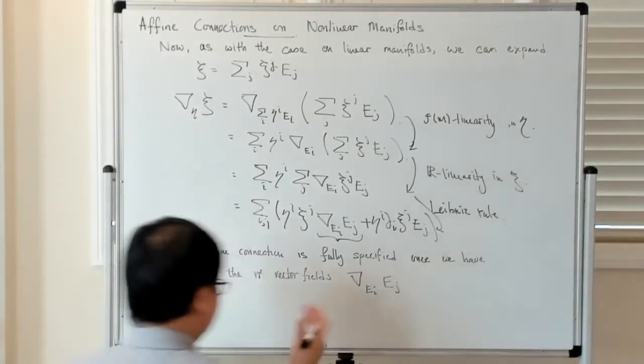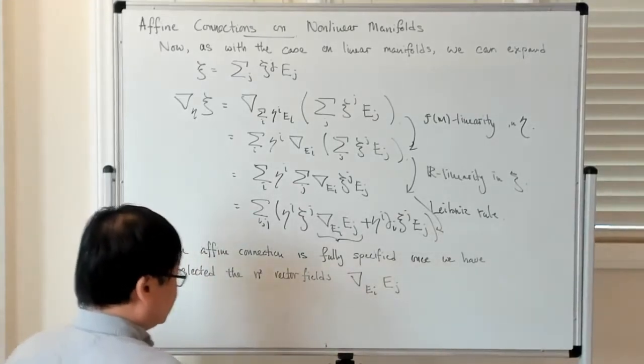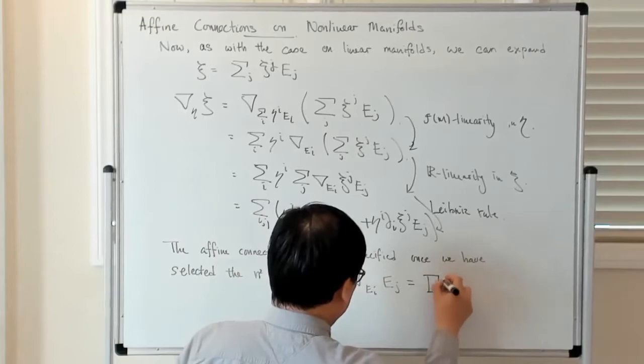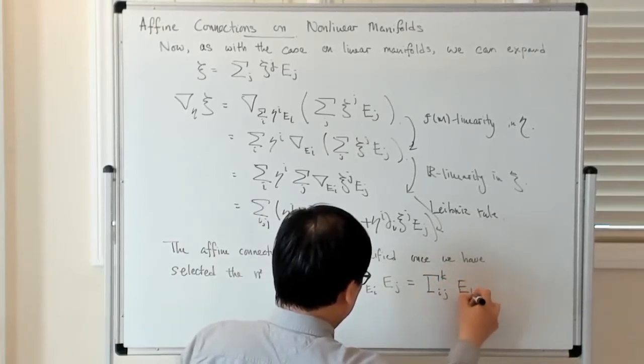Okay, and then as before, you use the Christoffel symbols to write this as gamma_{ij}^k E_k.